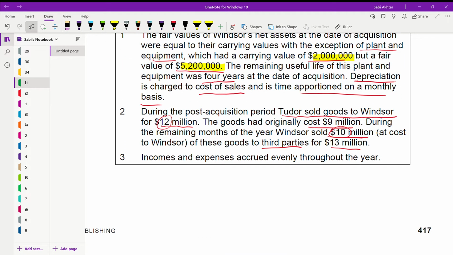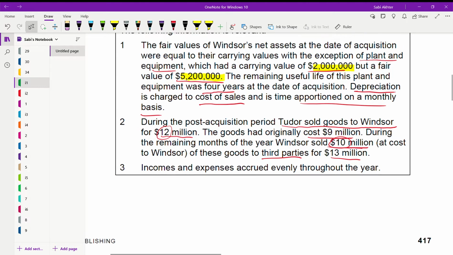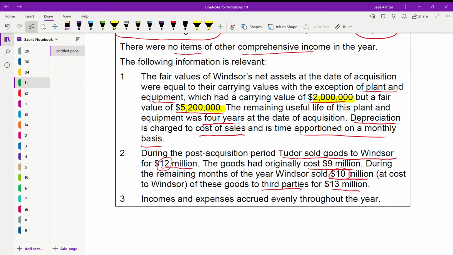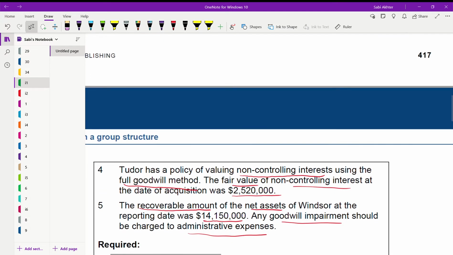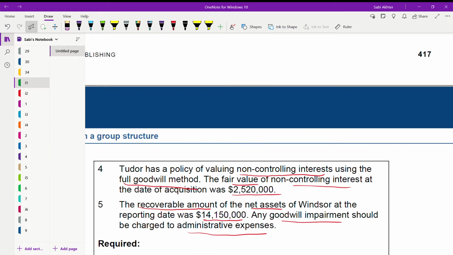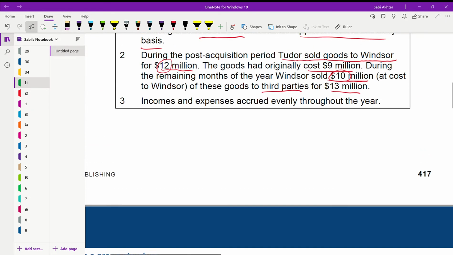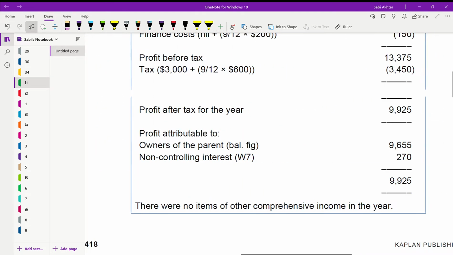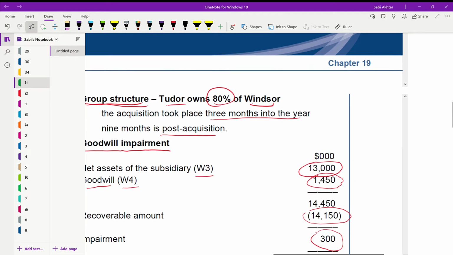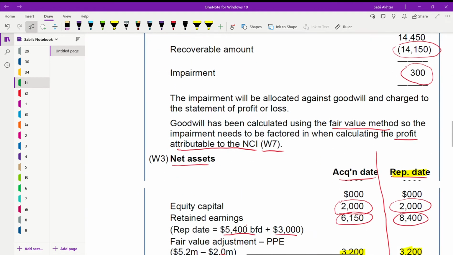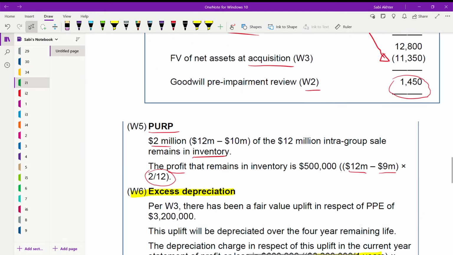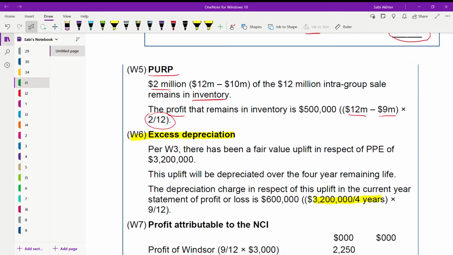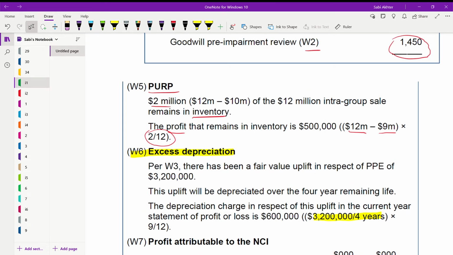I'm wondering why they're taking it for 2 months, right? So here the profit that remains in the inventory is 500,000.